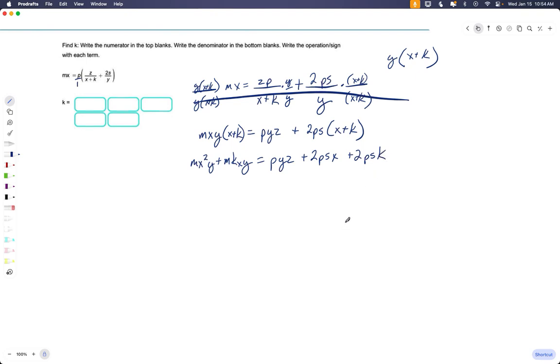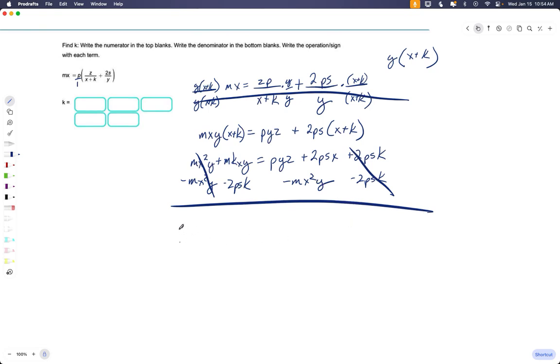All right. So I'm going to subtract mx squared y from both sides. And I'm going to subtract 2psk from both sides. That cancels that. That cancels that.